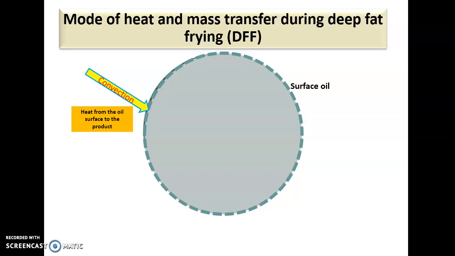The surface then begins to dry out, then increases to that of the hot oil temperature, thus crust formation. However, the internal temperature increases more slowly toward 100 degrees Celsius.